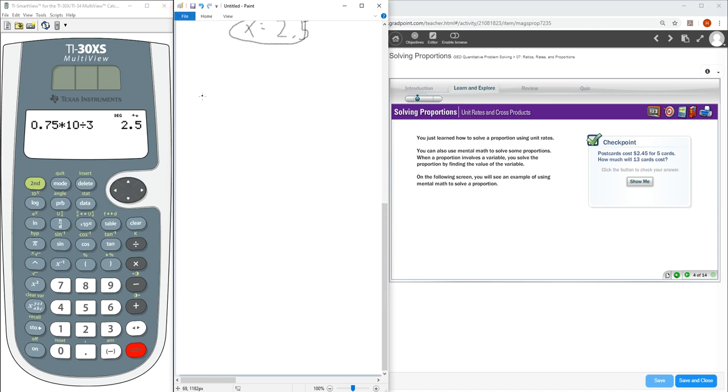Okay, so let's take a look at that. So we're going to go money. That's a really ugly looking money sign, but we'll work with it. Over cards. Okay, so here we go. We know $2.45. And we know 5 cards.